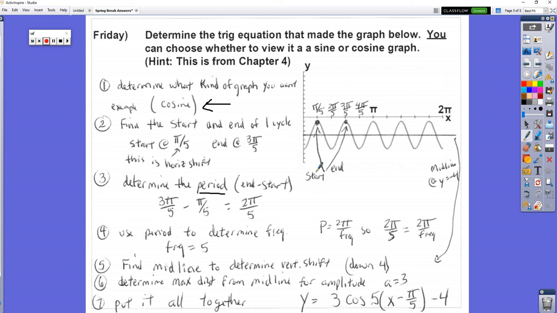If you decided to call this an upside down cosine graph and start from right here, your 3 would be negative out in front because you're upside down, and you would have no horizontal shift whatsoever. So you would just want to get rid of this negative pi over 5. If you wanted to call this a sine curve and start from right here, you'd have to figure out where right there is. It would be at pi over 10. So this would be sine, and this would be minus pi over 10. Or you could look at it like I did, like a regular cosine.